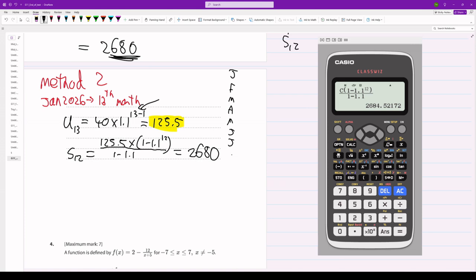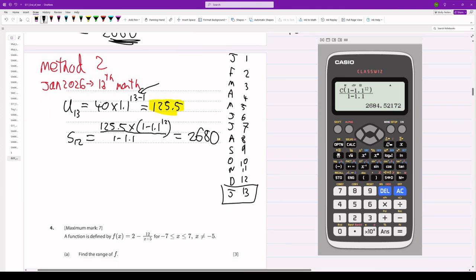I had to think there. August, September, October, November, December, and then January again. So that's 1, 2, 3, 4, 5, 6, 7, 8, 9, 10, 11, 12, 13. And if that doesn't prove it to you, I don't know what will. Any other questions? Ask me in lesson if there's any other questions.